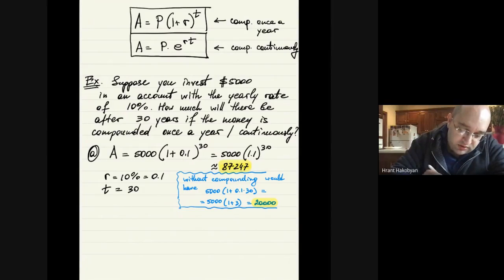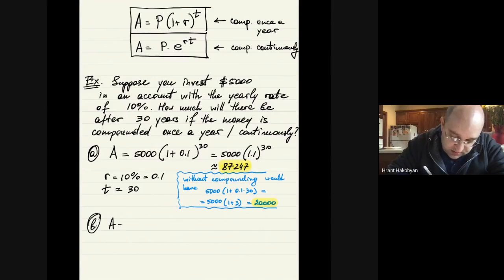Okay, very similar to this, we can do continuous compounding. So for continuous compounding, we will be using this other formula, E to power RT. So A is equal to, again, the initial amount 5,000 times E to power RT.